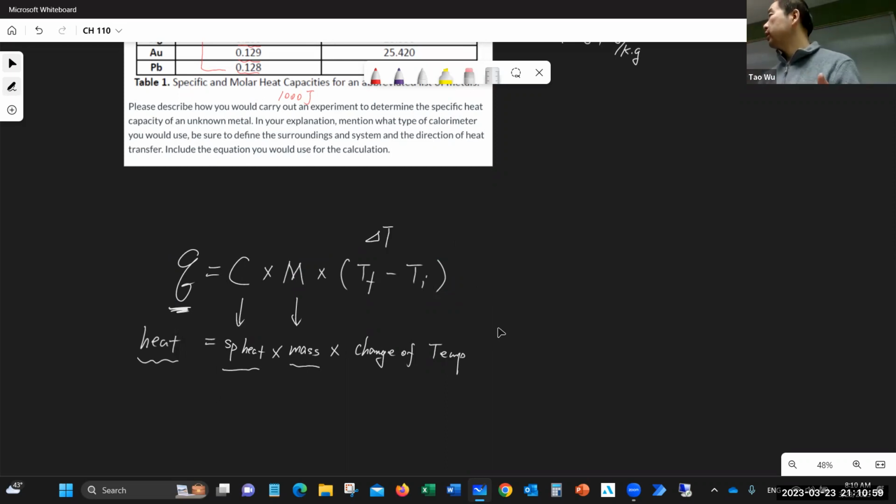Now, how much heat can it absorb? This equation helps us figure out how much heat an object will receive if we raise the temperature. So heat equals C times m times final temperature subtract the initial temperature. Capital C is the specific heat.